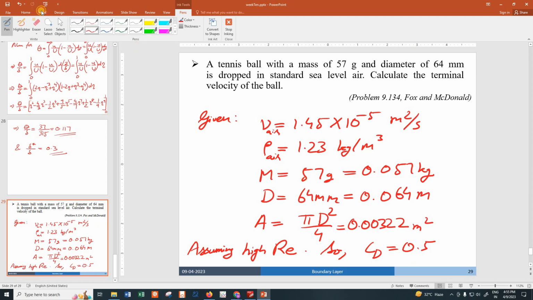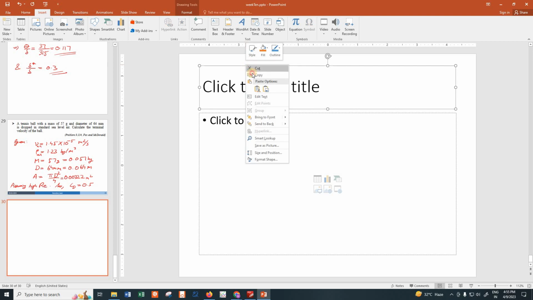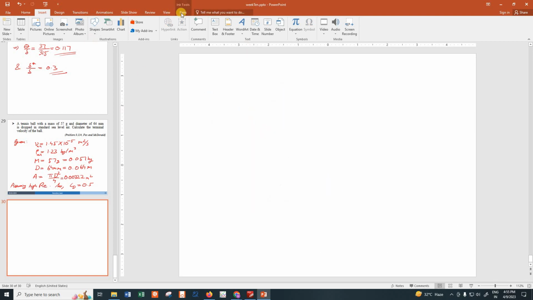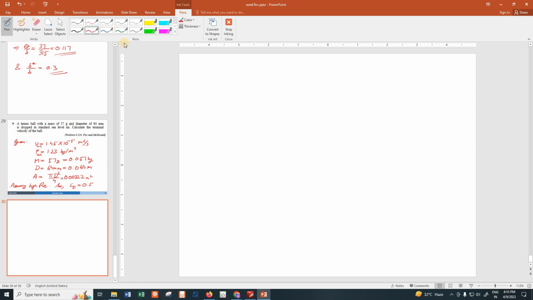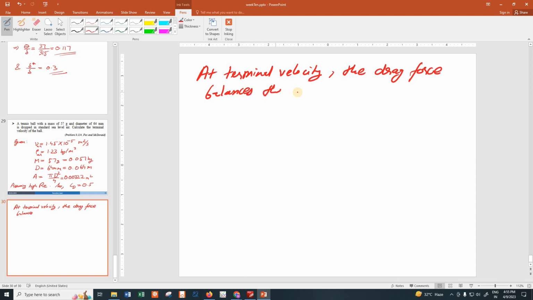At terminal velocity, the drag force balances the weight.